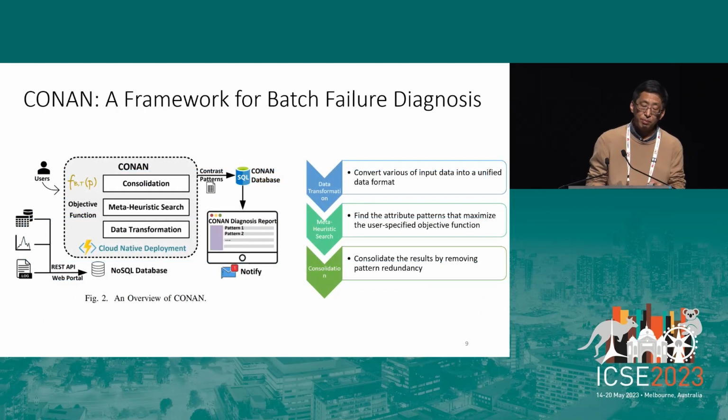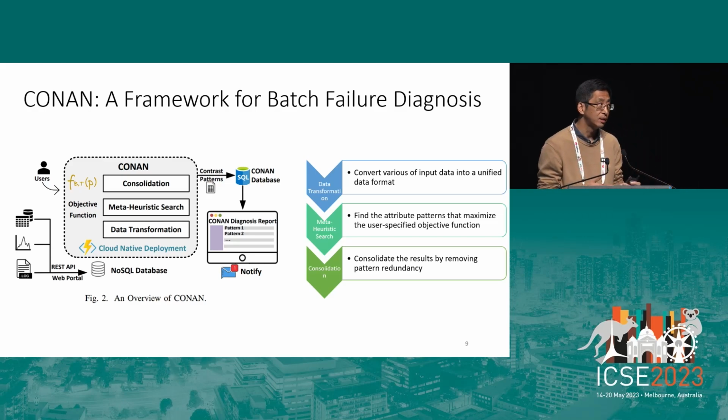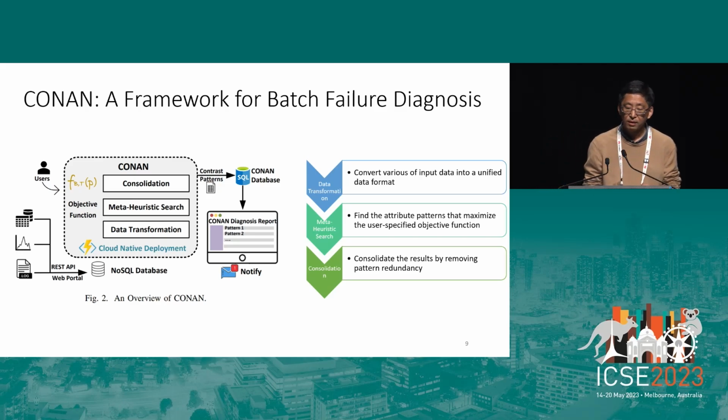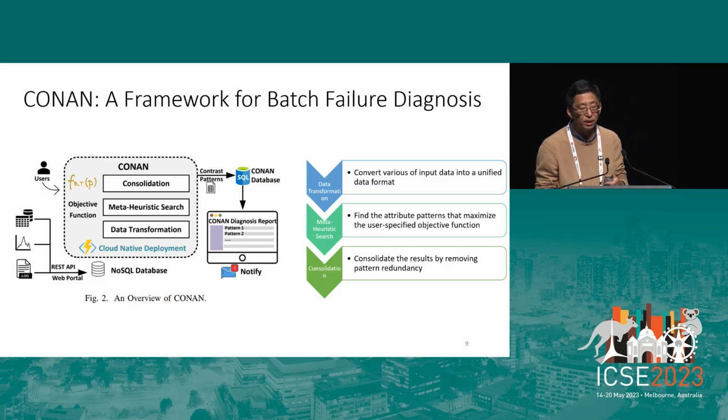Okay, so we propose this tool called Conan, which is a framework for batch failure diagnosis. So basically, we collect the data, the incident data, and there are also all kinds of metric data. Then we do some data transformation to convert various input data into a unified data format.